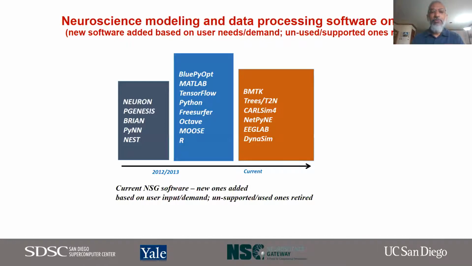So you can see, Matlab, EEGLAB, FreeSurfer, and then more data processing like R, Python, and then even machine learning tools like TensorFlow were made available. Usually we listen to users and provide neuroscience software that are robust, have a good user base, and do need high performance computing. If some software is not used or not supported, we retire those.